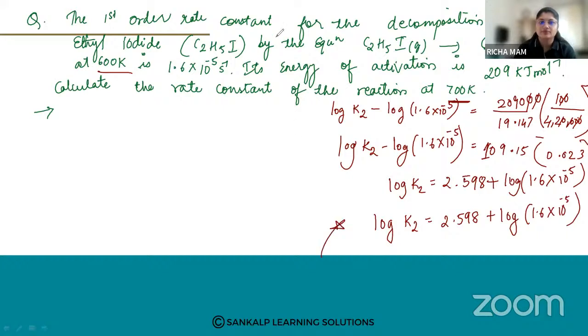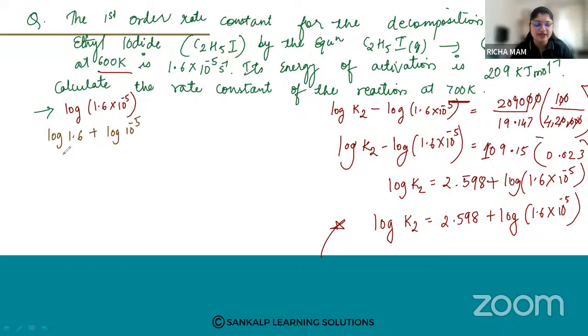Fine, so let us go to the next step. Now log of 1.6 into 10 raised to minus 5, how to solve this? I have to take log of 1.6 plus log of 10 raised to minus 5.